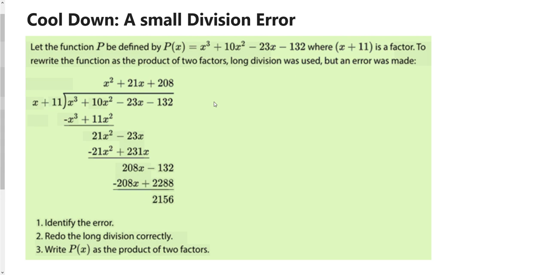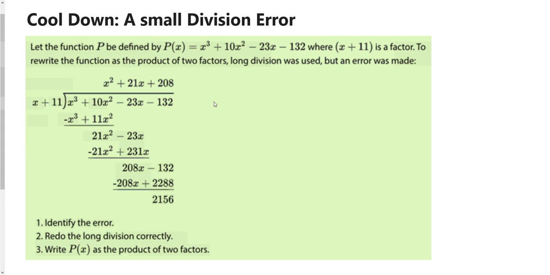So here's an example of a person who attempted to divide by x plus 11, and x plus 11 is a factor. So the remainder should be 0. But they don't get 0. They get 2156 at the bottom. That's yucky. The remainders don't usually get that high, right?